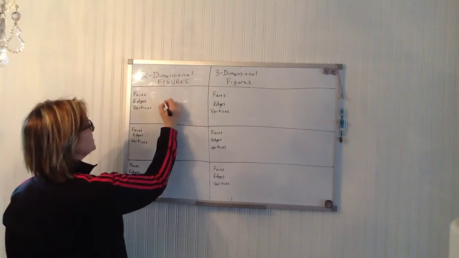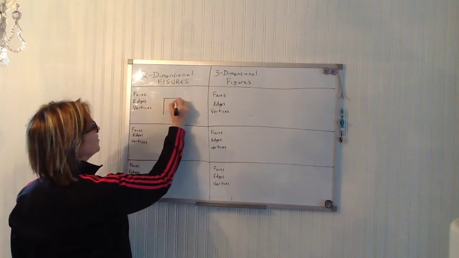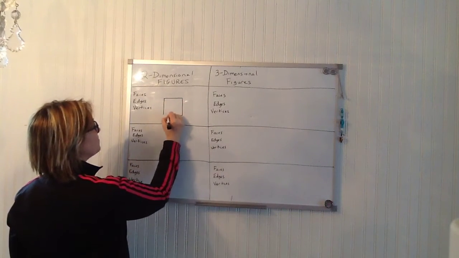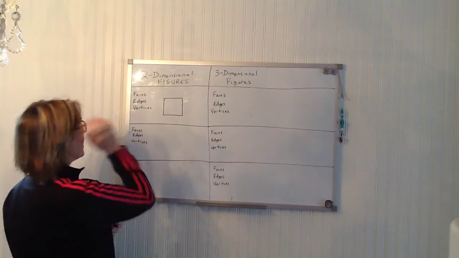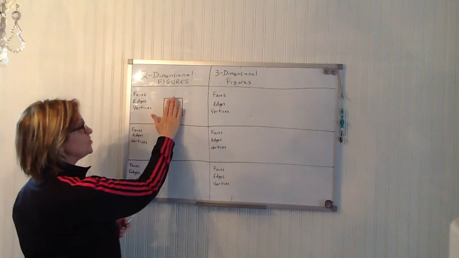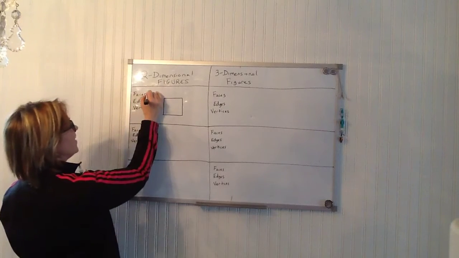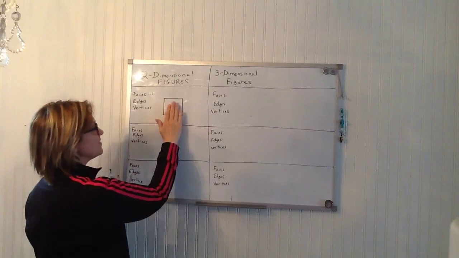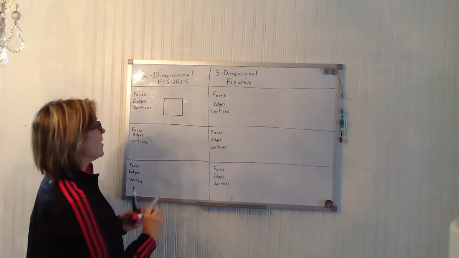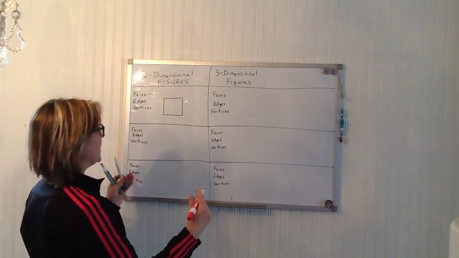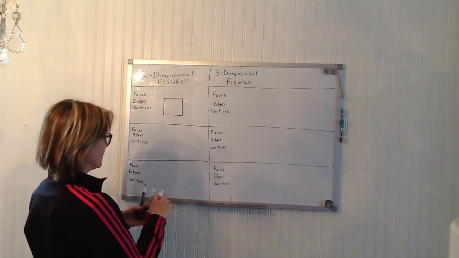figures. So the easiest two-dimensional figure is a square, and since it's 2D, it only has one face, okay? So we call this the face. If I want to find the vertices, that's where the edges come together.